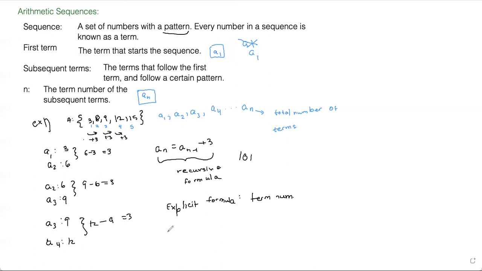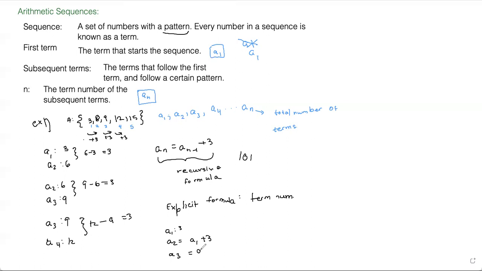Let's see what we have to add to term 1. Let's just focus on A1, right? Which is 3. We know that to get to A2, we had to do A1 plus 3. But say we had to get to A3.